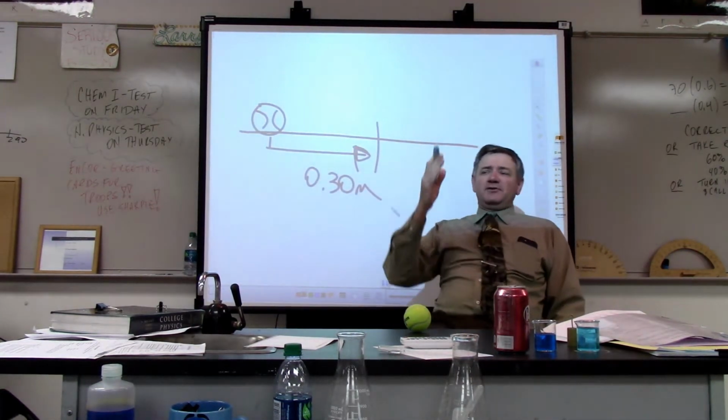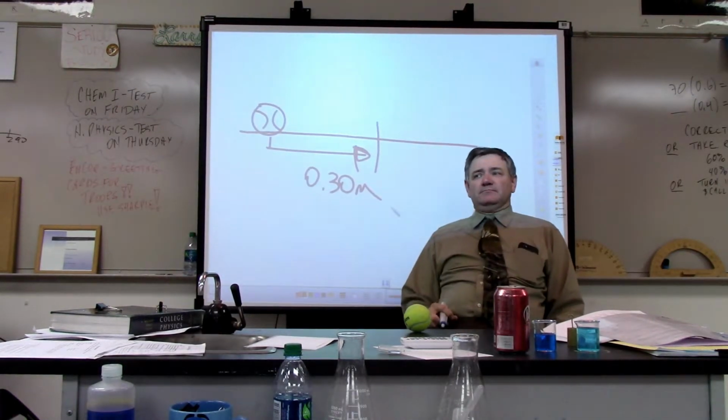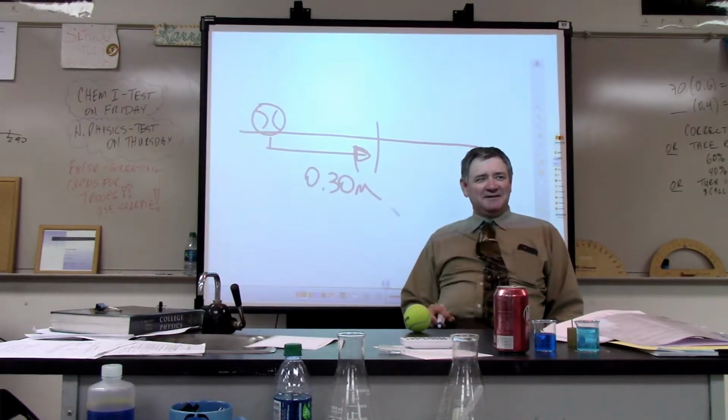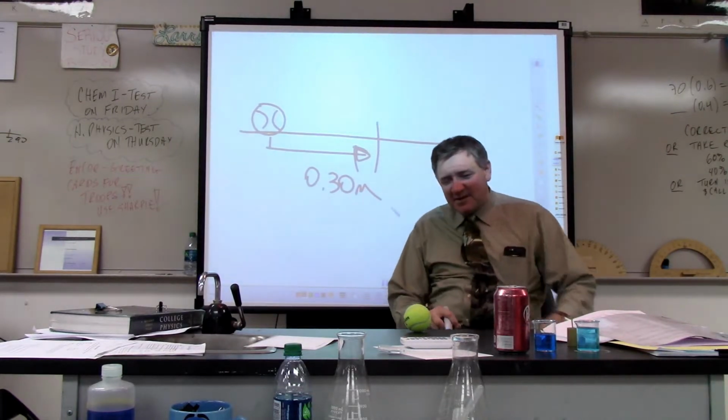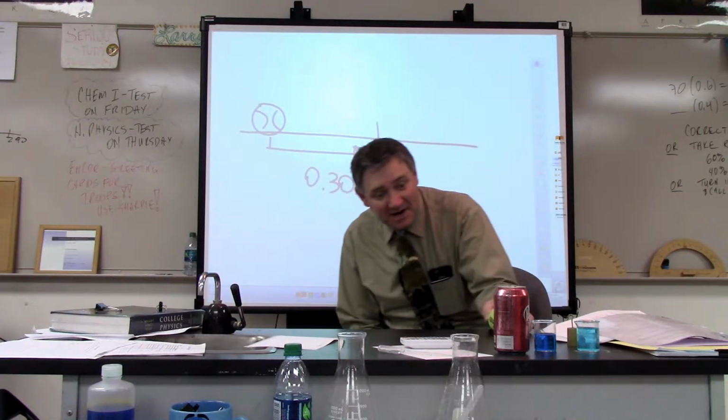Did the ball undergo linear acceleration from the point that I let go of it? Yes. Why, Hunter? It's going to have to take some sort of time to get to where it was. Did it slow down? No, it sped up. Okay, from the point that I let go of it.